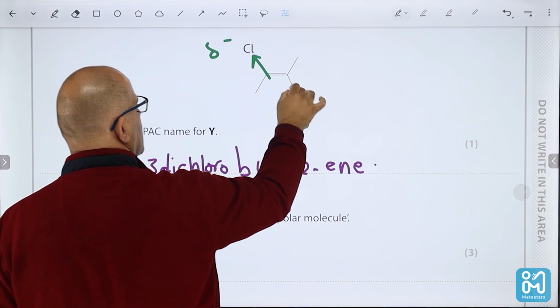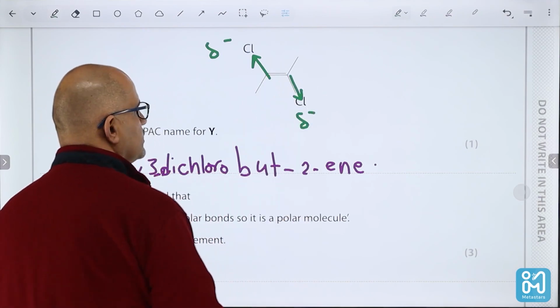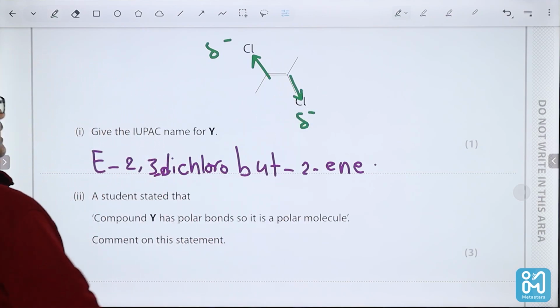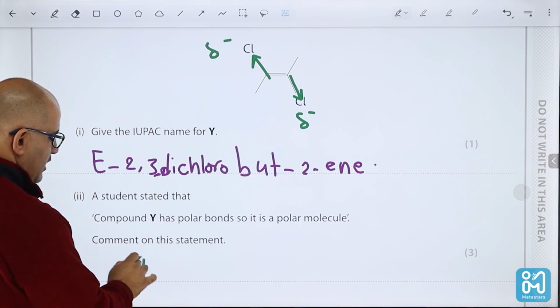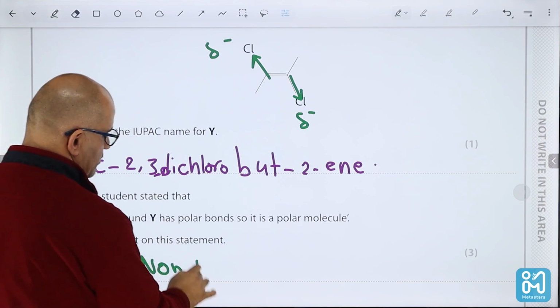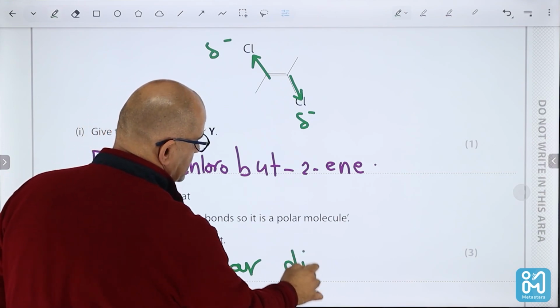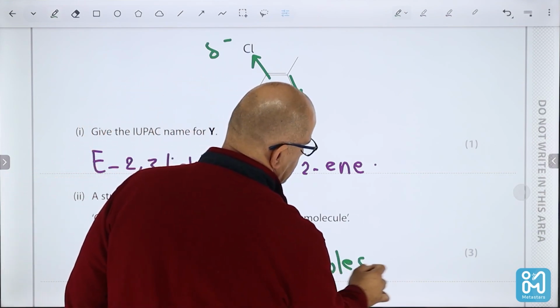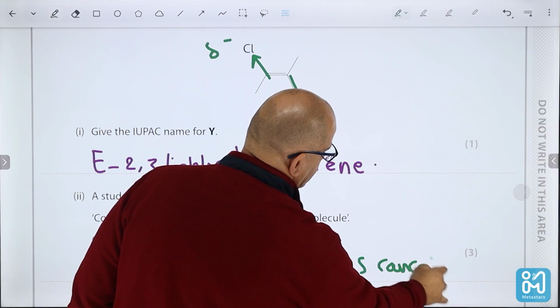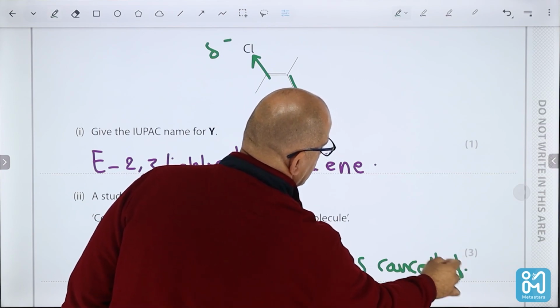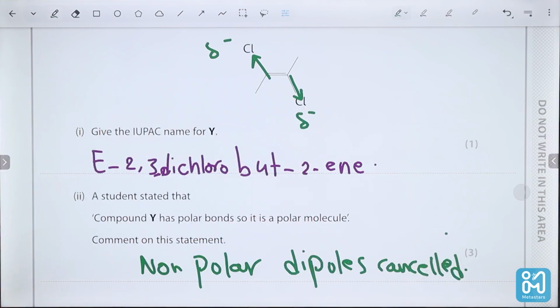So you can see that the dipoles cancel. So it is non-polar because the dipoles cancel.